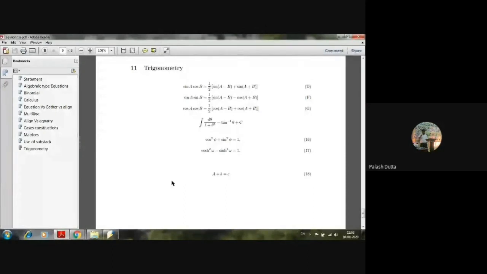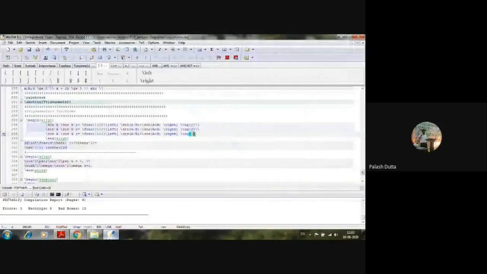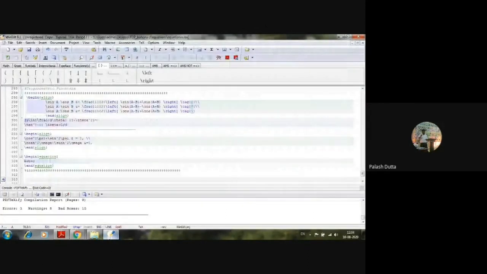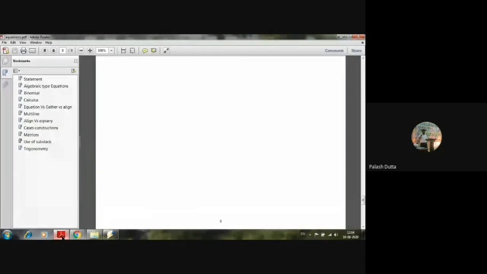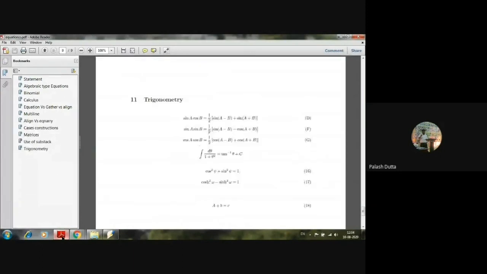Simple expressions, right? Now remember one thing: we are getting exactly numbers 1, 2, 3 in this way. When we ask for a tag, only then do we get this sort of expression.